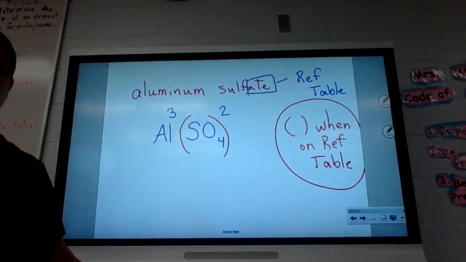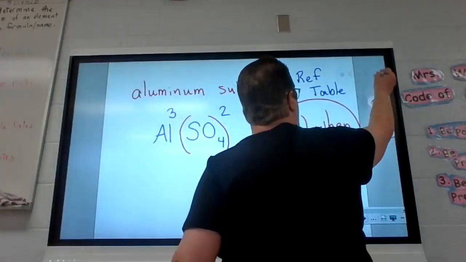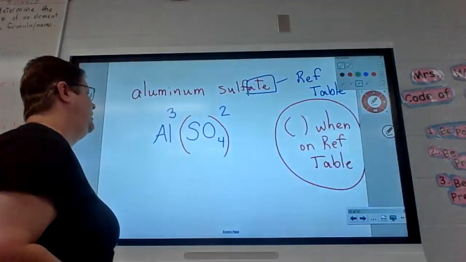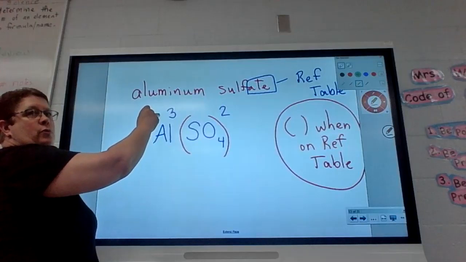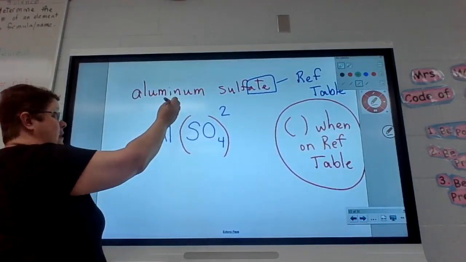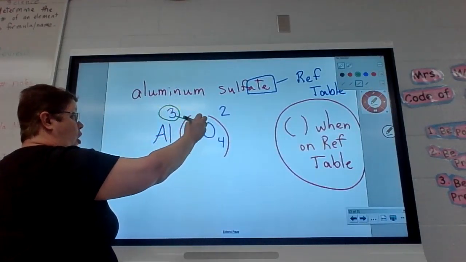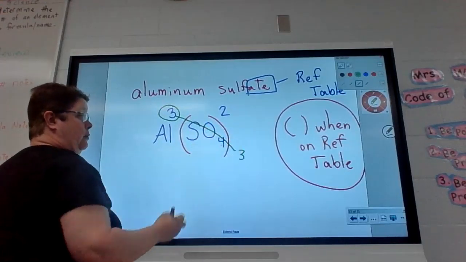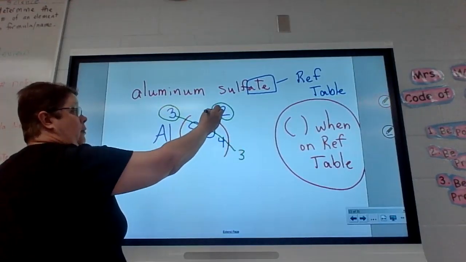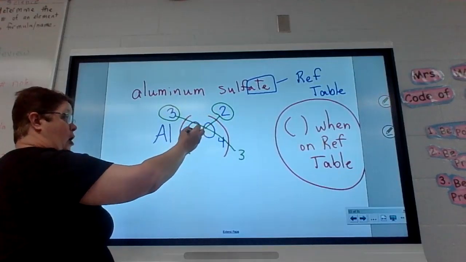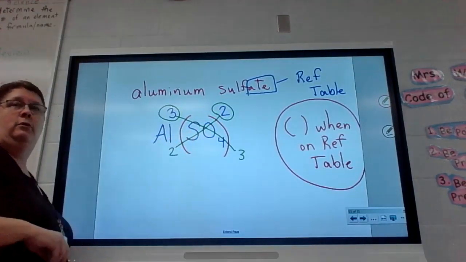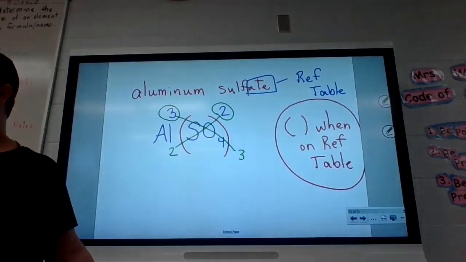You're still crisscrossing. So where is this 3 going to go? Where the SO is. This 3 is coming all the way over here to the SO. And where's the 2 going? All the way to the AL. Good, Najee.